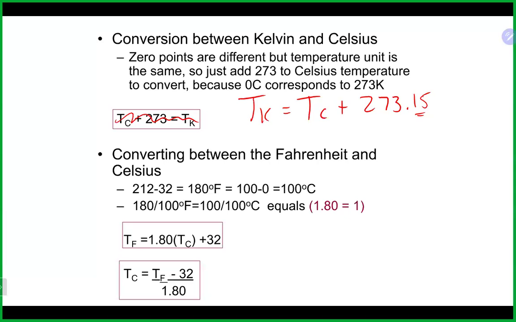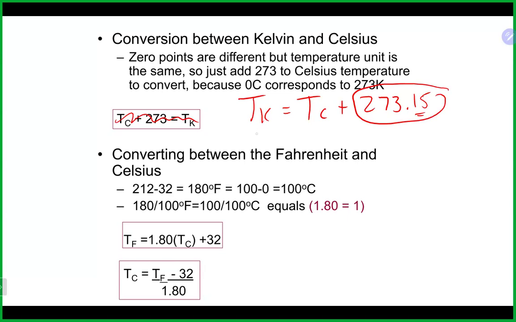Some people, like in the old lab manuals, might still have it as 273.2. Outside of this college, perhaps most people will use 273, to be honest. Here, they do want you to use the whole number, 273.15, to convert it.